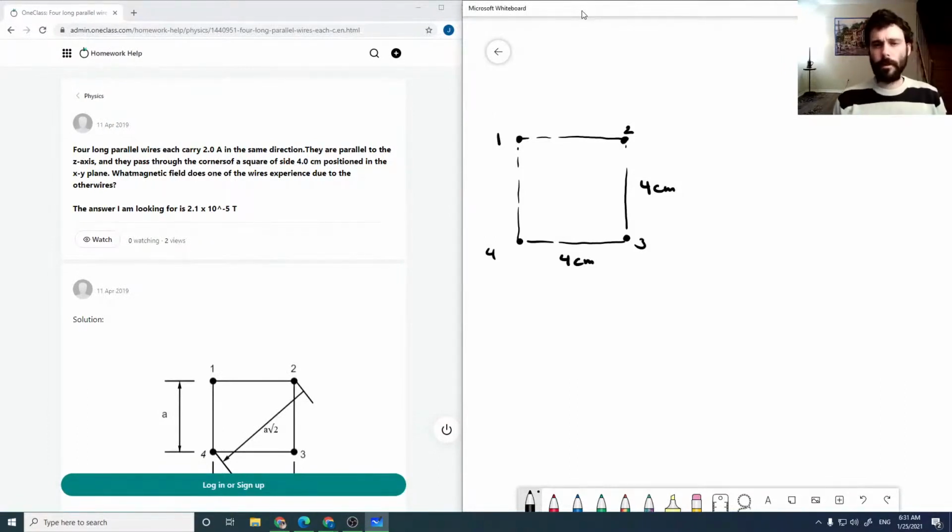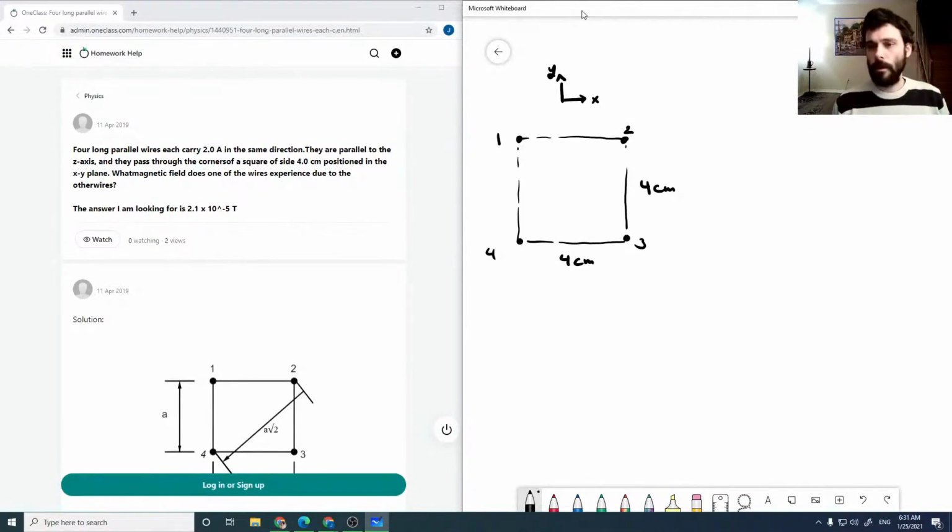And so it says they're parallel to the z-axis, so this here is our XY plane. And from the right-hand rule, the z-axis will be out of the page.